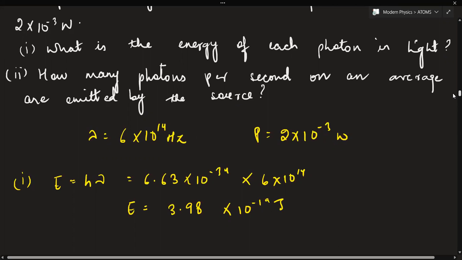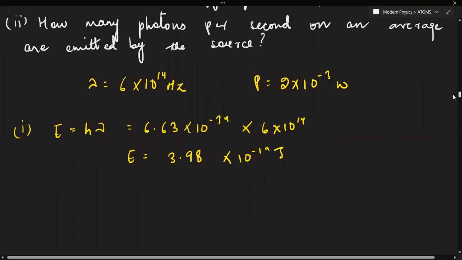Now in the second part, it has asked you to calculate how many photons per second on an average are emitted by the source. So power is equal to number of photons multiplied by the energy of each photon.